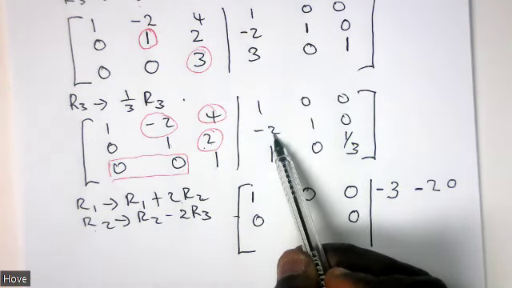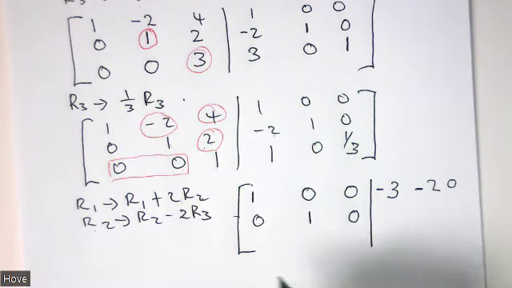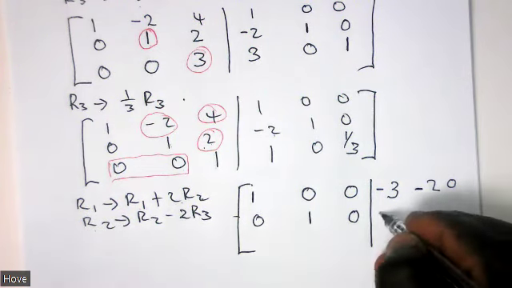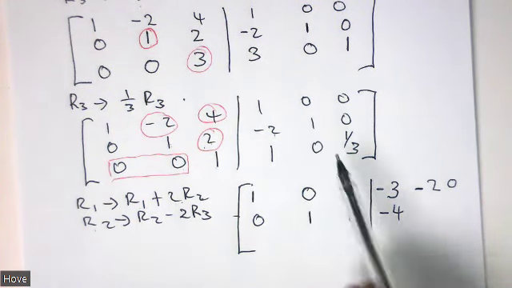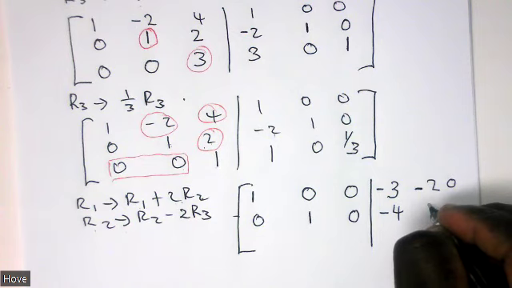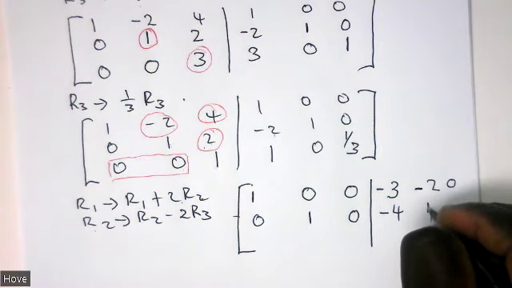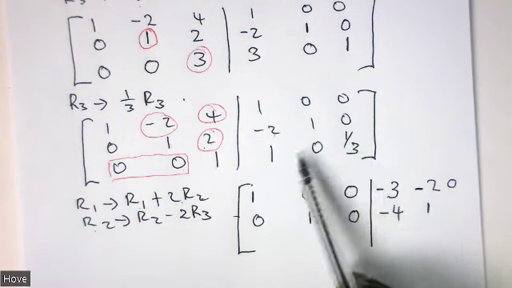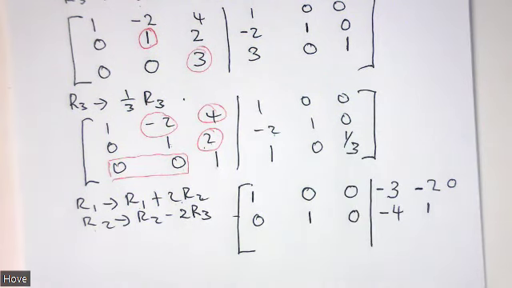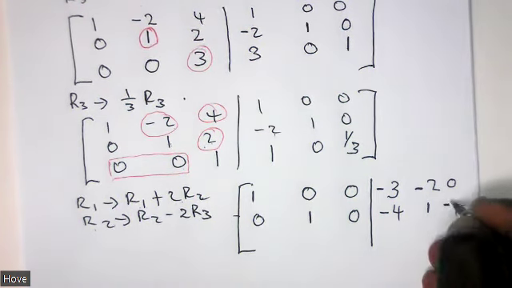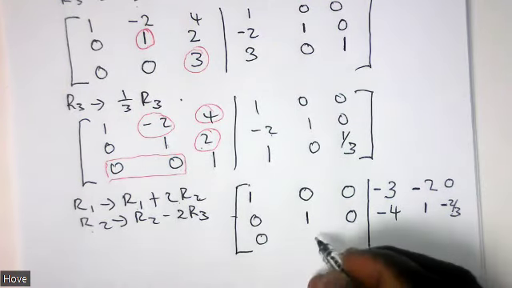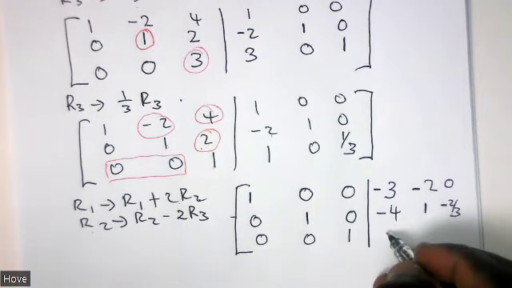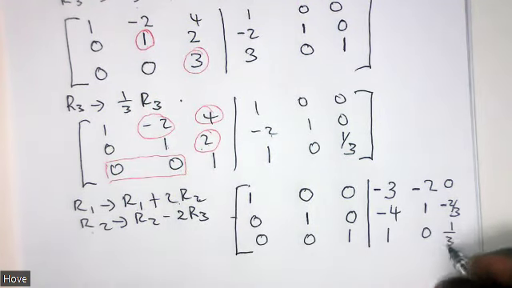Minus 2 minus 2 times 1 is minus 4. 1 minus 2 times 0 is 1. 0 minus 2 times a third is minus 2 over 3. But the other row remains as it is: 0, 0, 1, 1, 0, 1 over 3.